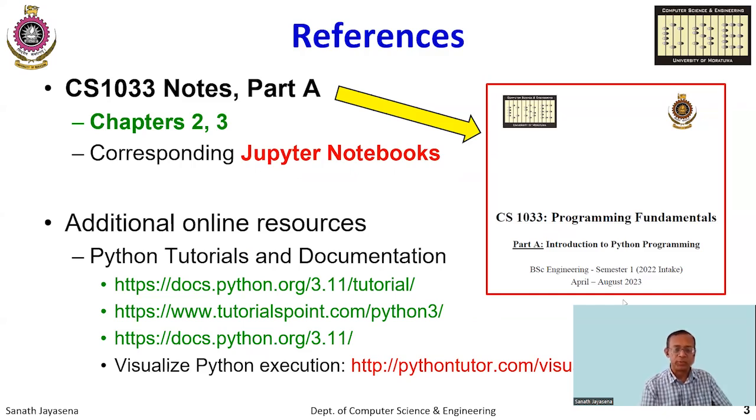The special thing about Jupyter notebooks is that you can see the code examples running. You may not see that much in chapters 2 and 3. Simple examples are there, but you will see the usefulness of Jupyter notebooks later on when you have more complex programs and examples. Without having to type it again in a Python editor or running it separately, we can just run it in the Jupyter notebooks itself.